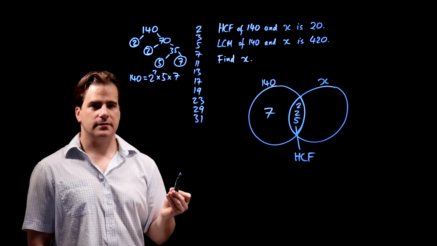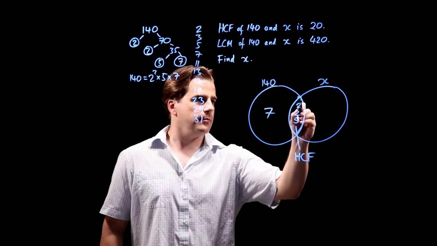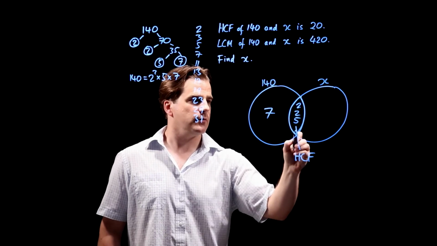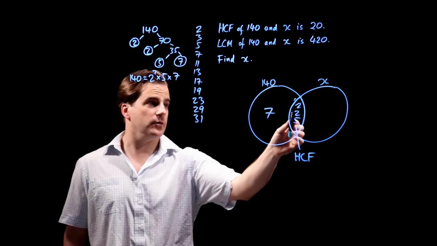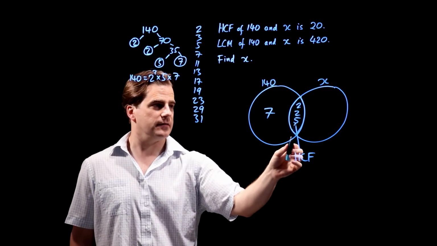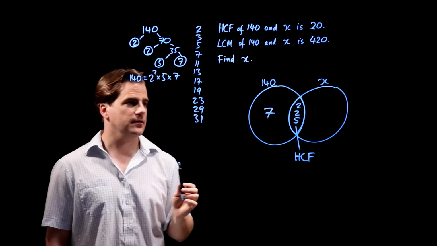Does that make sense? I'll just go through that again. This middle region here is the highest common factor bit, and the numbers in it always multiply together to give the highest common factor, which in this case is 20.